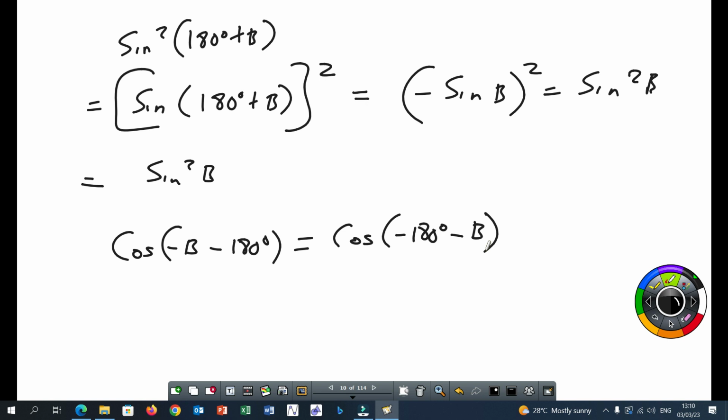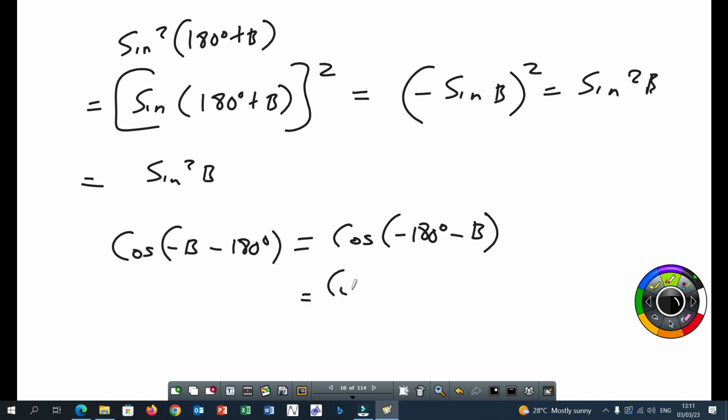In which quadrant is minus b? Fourth quadrant, right? Now, if you move 180 degrees in a clockwise direction, you get to which quadrant? Second quadrant. But let's carry on.